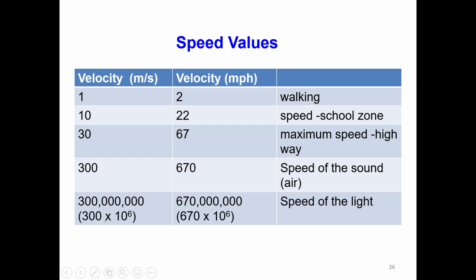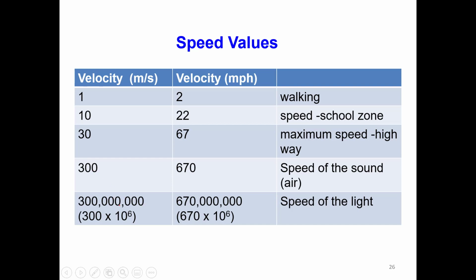Now the last thing, and we will discuss this, the speed of the light, in the next chapter, but I just want to mention the speed of the light. You see we have here 8 zeros, which means we can write this as 3 times 10 to the power 8.